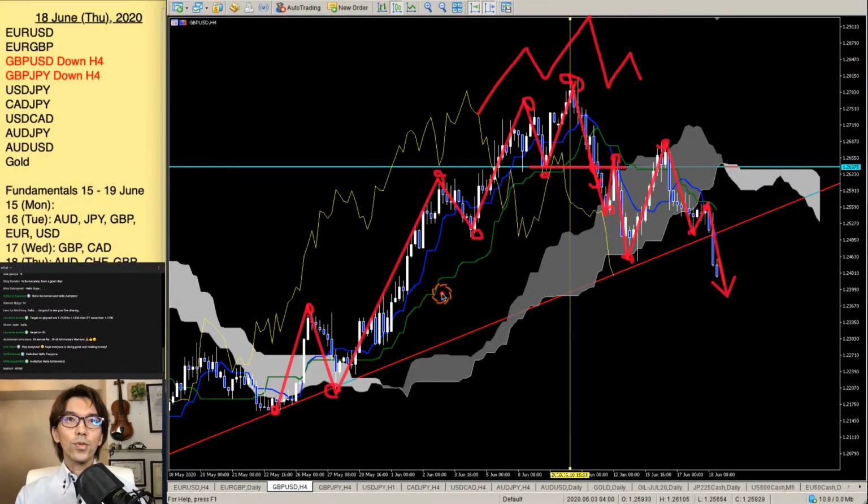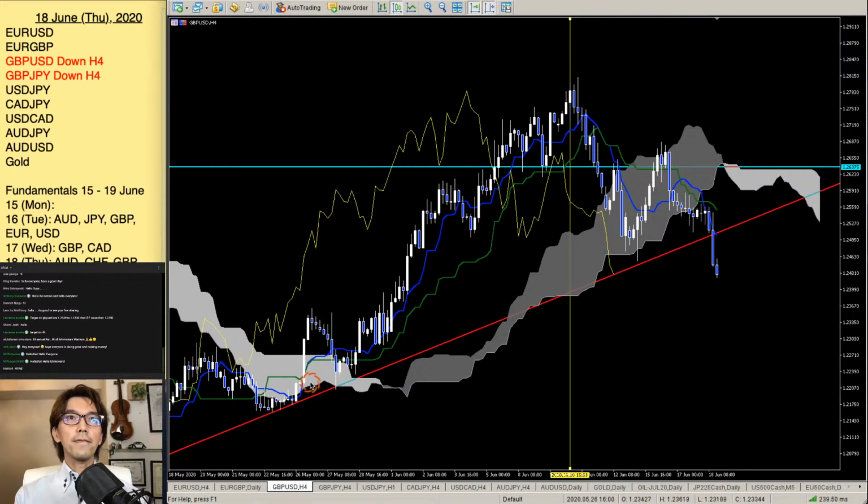But when you look at the Ichimoku, we count the wave this way. So we count like 1. So this one is the first wave. Hold on. Yeah, 1, 2, and 3, 4, and 5, and all the way upwards this way.